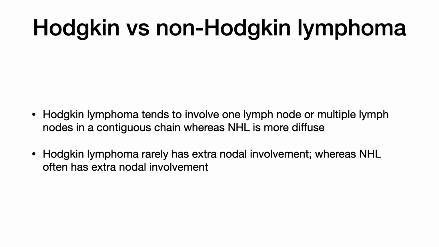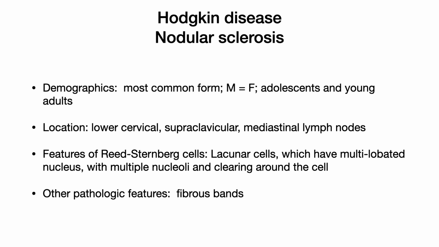I think there can be some splenic involvement in Hodgkin's, but usually there's not extranodal involvement. Whereas non-Hodgkin's quite frequently has extranodal involvement, and we talked about something like Burkitt's. Burkitt's oftentimes in kids in the United States presents in the GI tract, and so you can see extranodal involvement.